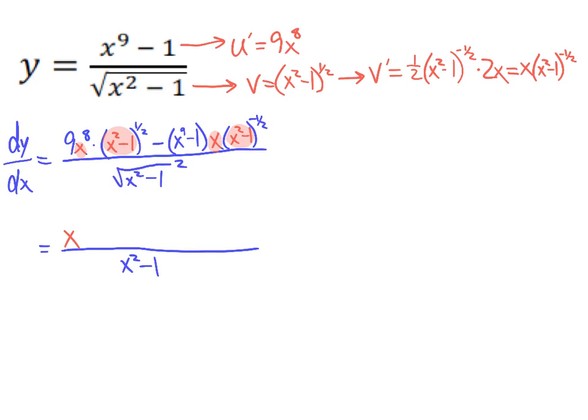Because one of those is to the half power and one is to the negative 1/2 power. Does anyone remember what we said when we were doing product rule? Which one would we pull out? X squared minus 1 to what power? The negative. You always pull out the one with the lower power. That's right. So we're going to pull out the negative 1/2.